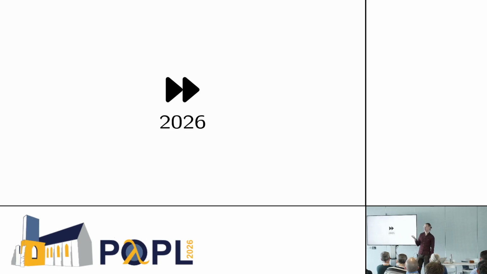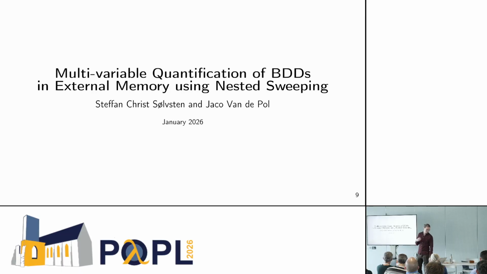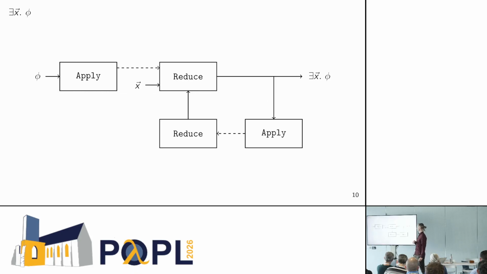So that brings us to this year with this paper, where we propose the idea of using nested sweeping. If we take the previous picture with the reduce, apply, reduce tandem, we're going to wrap it in a second apply, reduce. First of all, we have one apply phase, which is just going to do some computation.